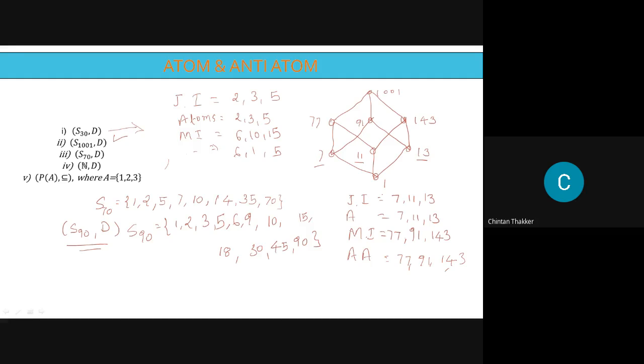So the hash diagram of S90. Here we have 1, then 2, 2, 3, 5.